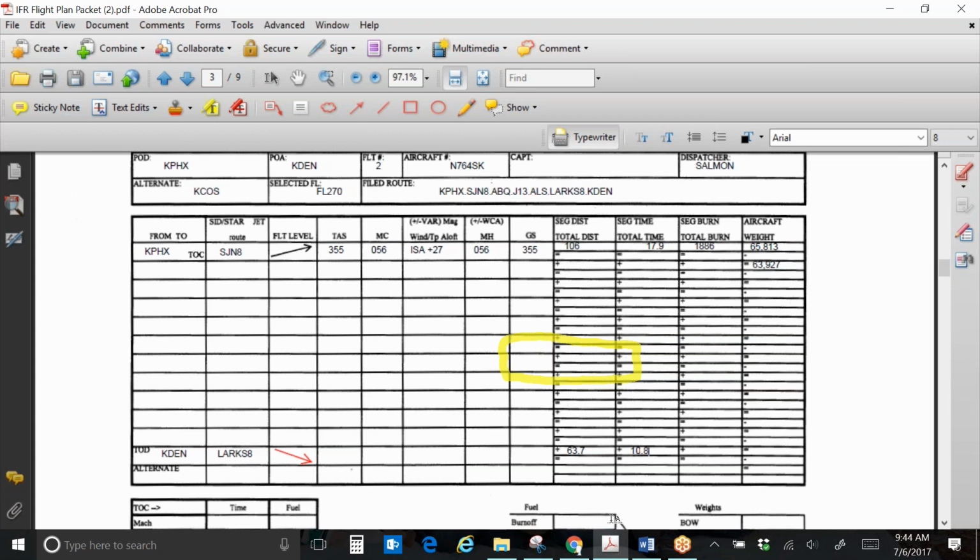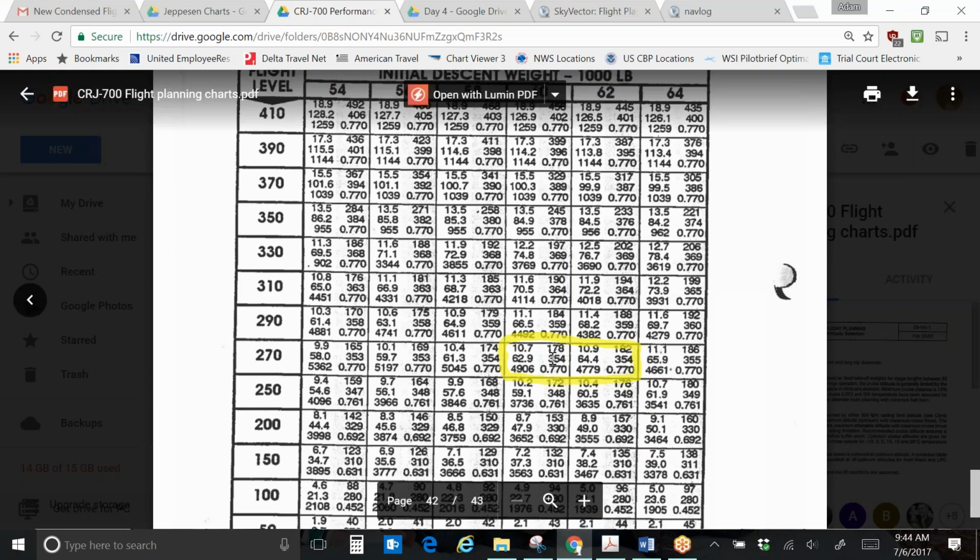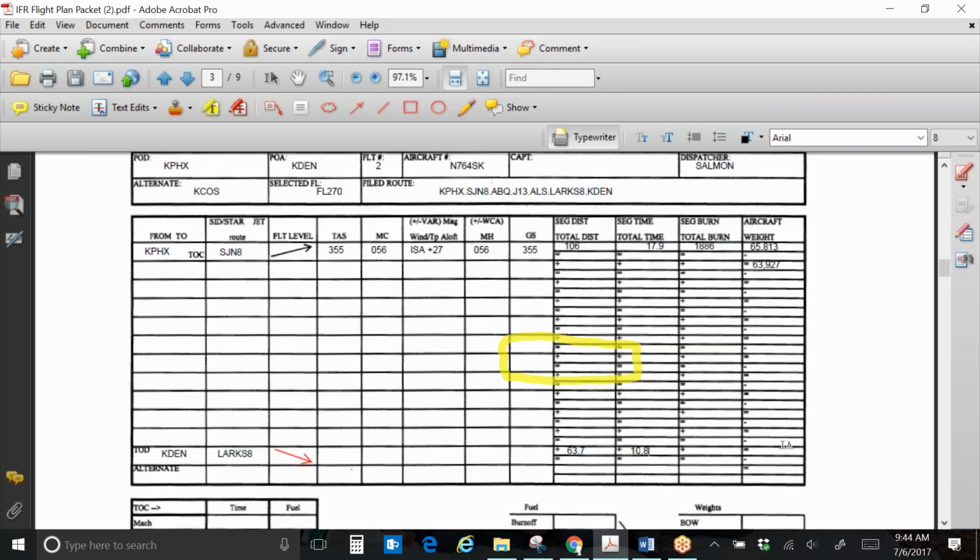As far as the burn goes, let's go back into the chart. So 178 and 182. That sounds like 180 to me. And then our speed is 354 on both of them. So the burn is only 180. And that's all we need to put in there for right now, other than let's just fill in this information over here, which is 354.